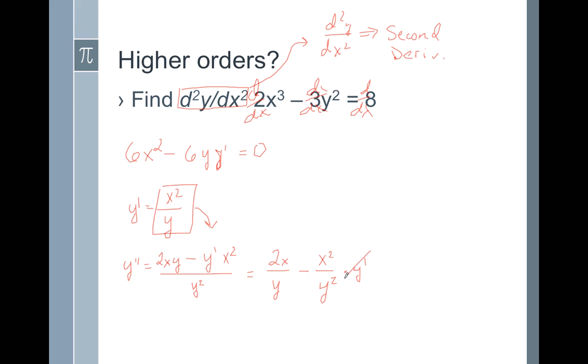But y prime is actually x squared over y. So my final derivative, y double prime, is going to be 2x over y minus x to the fourth over y cubed. We get our final answer, and you have a second derivative of an implicit function.